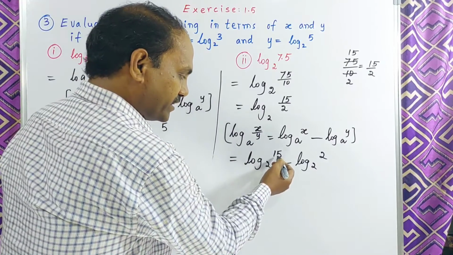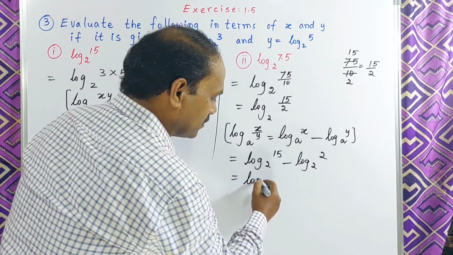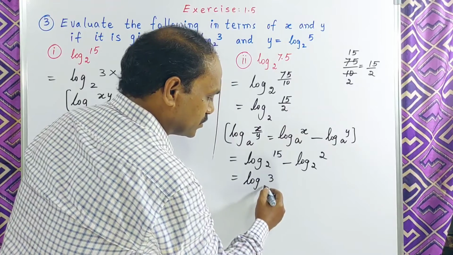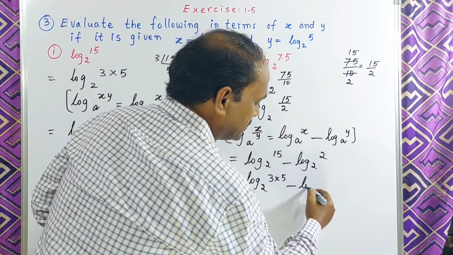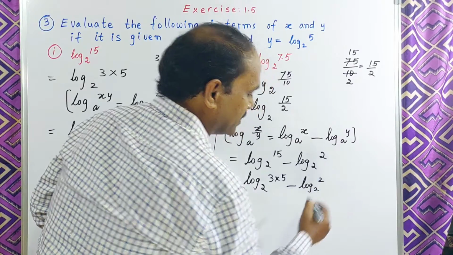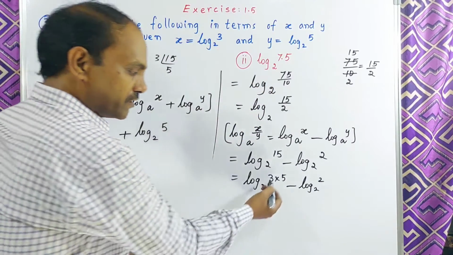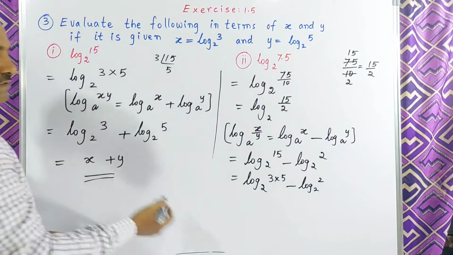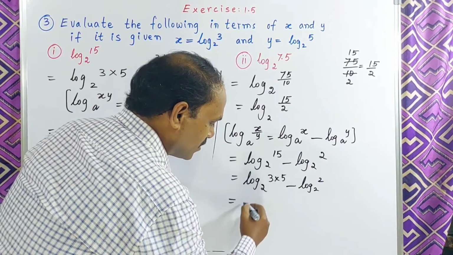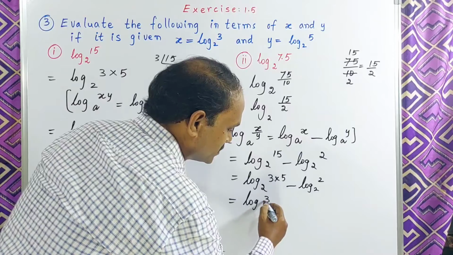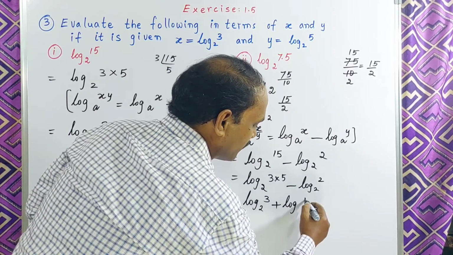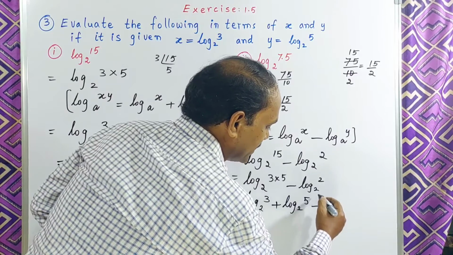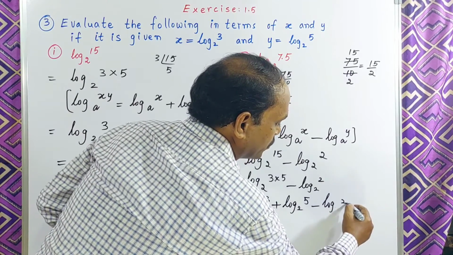Now again we should write 15 as 3 into 5, so log 3 into 5 to the base 2 minus log 2 to the base 2. So you should write log 3 to the base 2 plus log 5 to the base 2 minus log 2 to the base 2.